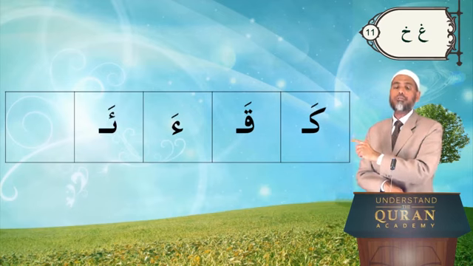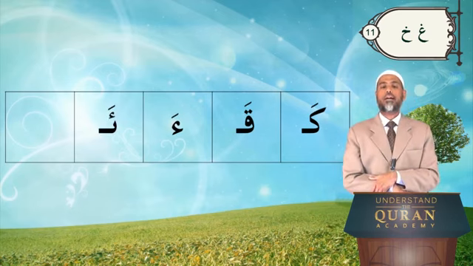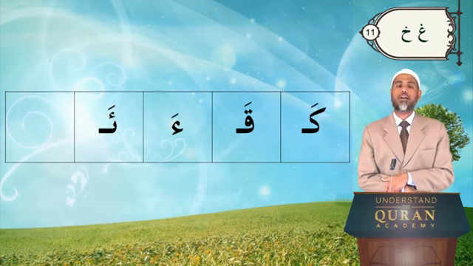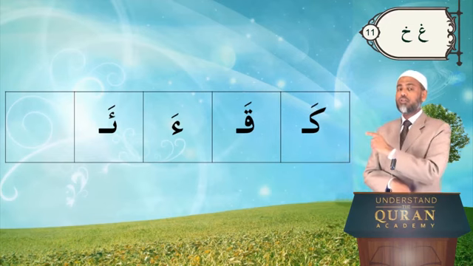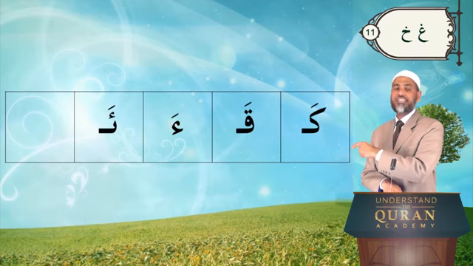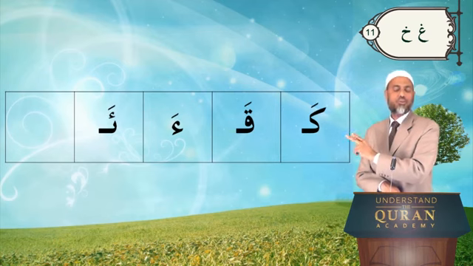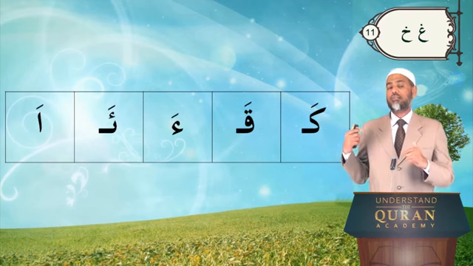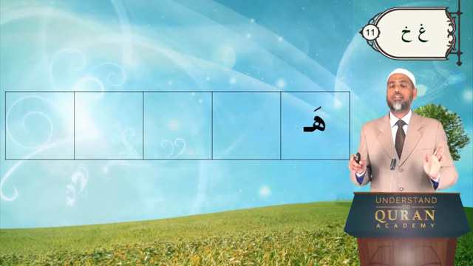So it is qaf, qa. Using ya, Hamza using ya as its chair, but this ya has no two dots. When Hamza is using ya as its chair, it has no dots.